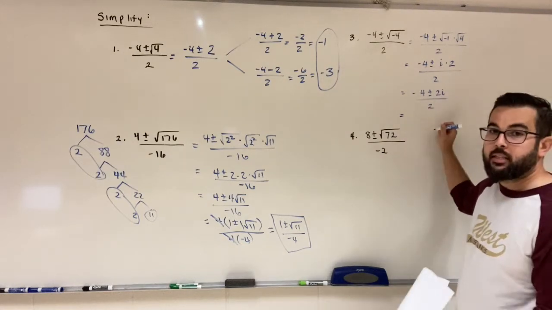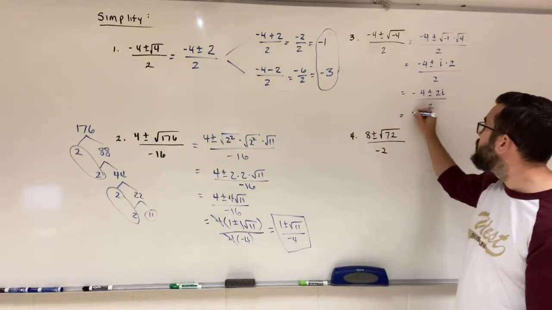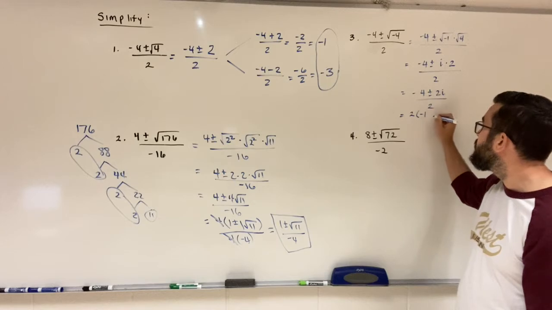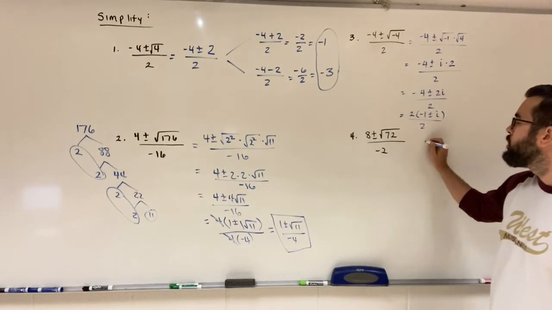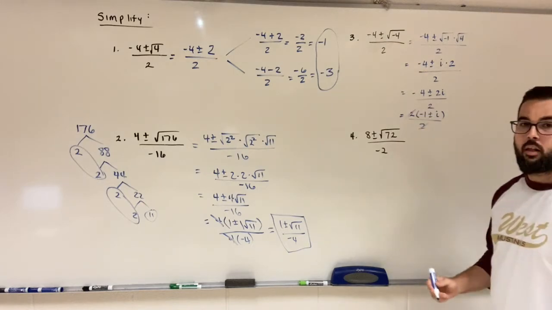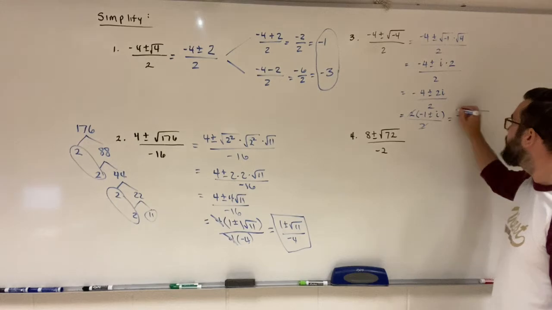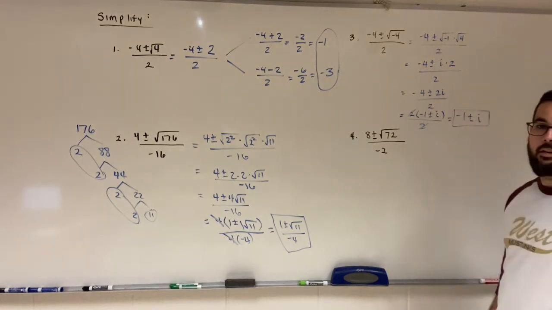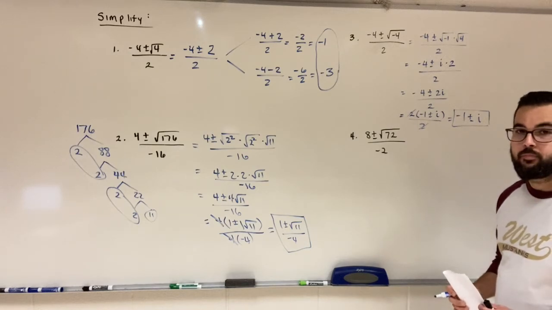Well, we see that, yes, there's a common factor of 2 on the top, and we have 2 on the bottom, so this is going to become 2 times negative 1 plus or minus i divided by 2. So the 2's cancel out, and we're left with negative 1 plus or minus i. And we've just simplified that expression.